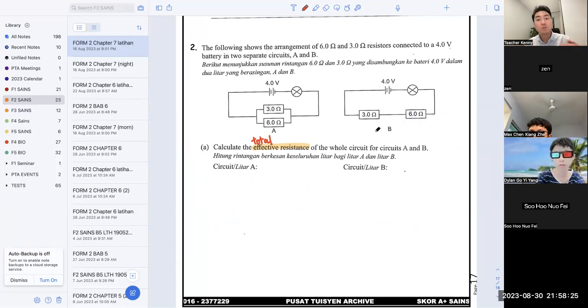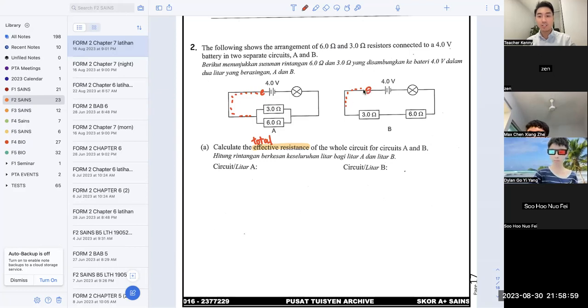Who is lesser? Before we do, let's just do a hypothesis. If you are an electron walking in a circuit, which circuit do you have to fight a higher resistance, A or B? Type in your answer. Max says A. How about the rest?